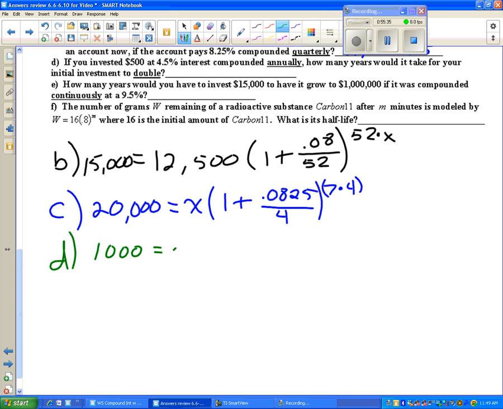My initial amount is $500. Compounding annually is 1 plus my rate, which is 0.045. Now, annually means I'm not compounding anything extra, so this is to the t power. I want to find what this is.